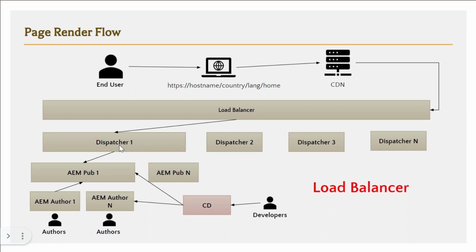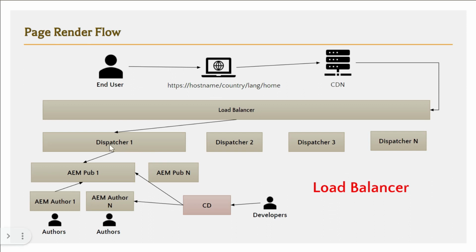The relation between the dispatcher and the publish instances is 1:m. One dispatcher can load balance multiple publish instances. The load balancing concept is the same: based on the load, it balances the amount of requests coming to the dispatcher. So that is the purpose.